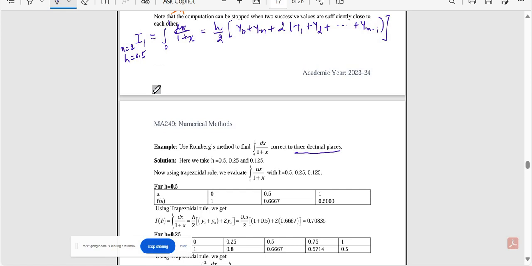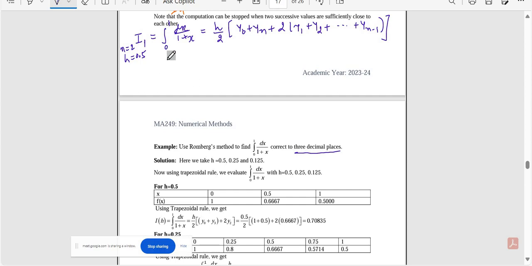Sir, how n equal to 2? Here, how do we find h in the trapezoidal rule? Anybody? h is b minus a upon n, not 2.